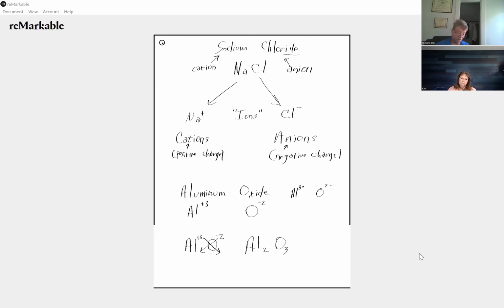With 2 aluminiums, it's going to lose how many electrons total? 2 times 3 says it's going to lose 6 electrons. Oxygen is going to gain 3 times 2, 6 electrons. So we have a neutral ionic compound.